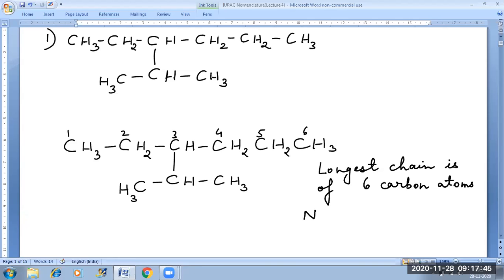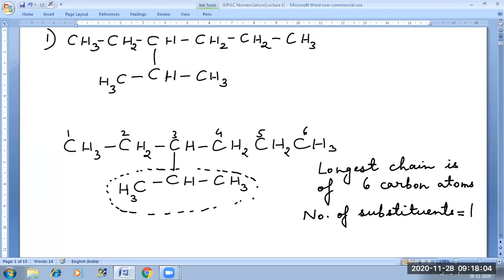And the number of substituents is equal to 1, because then this will become the substituent. So in this manner, if I start numbering, I'll get one substituent, that is this one, and the length of carbon chain is 6. Let's try another way.